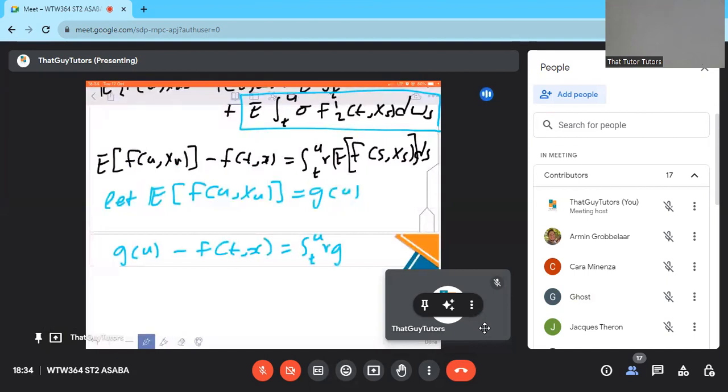So d of g of u is going to be, when you find the derivative with respect to u, you can just use the fundamental theorem of calculus to find the solution.